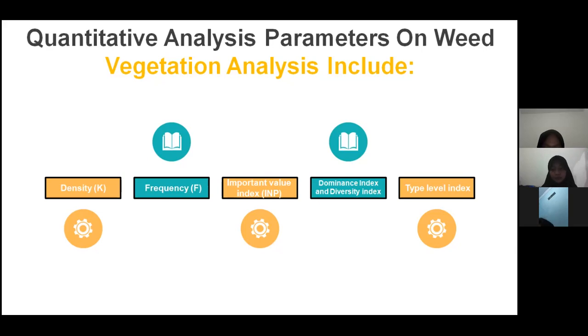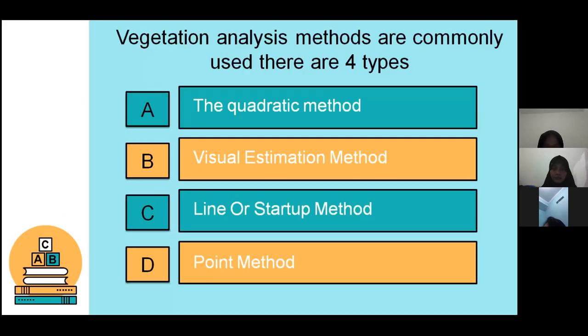And diversity index. Species diversity is a characteristic of a community level based on its biological organization. Fifth, the level index. Type index can describe the stability of a community.